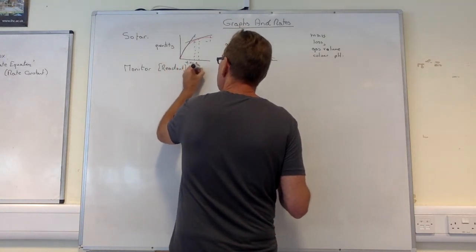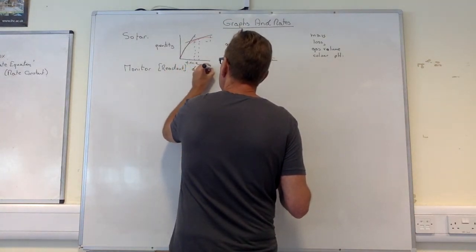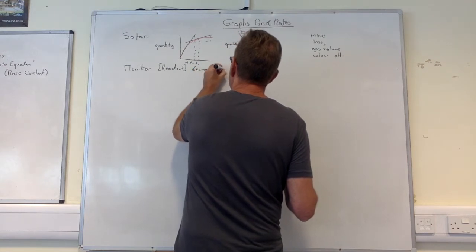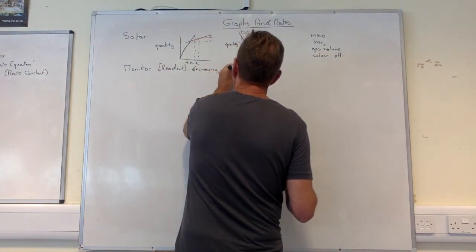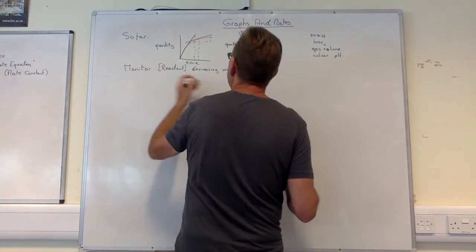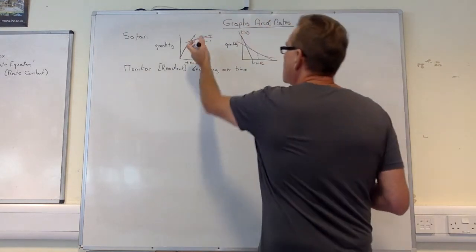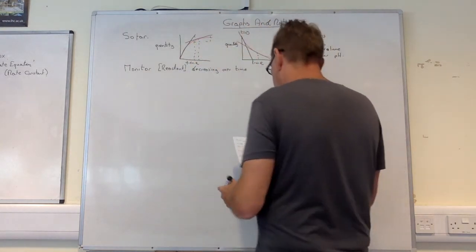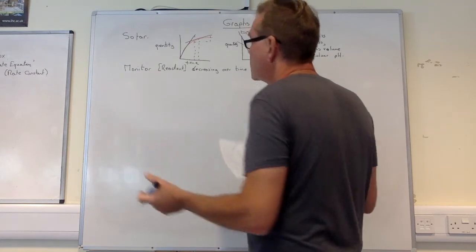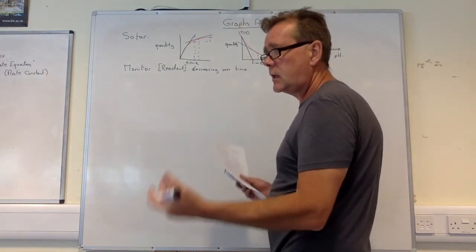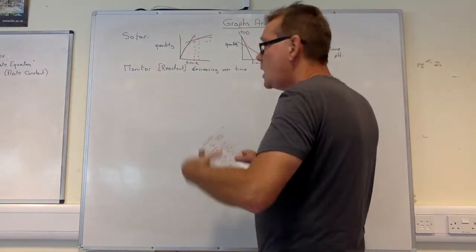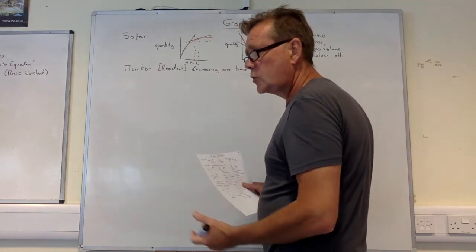Decreasing over time. It's a sort of projection of these, is one way to put it. Now, the reactant will decrease over time as it gets used up in the experiment, and you will get a shape for how that concentration changes.